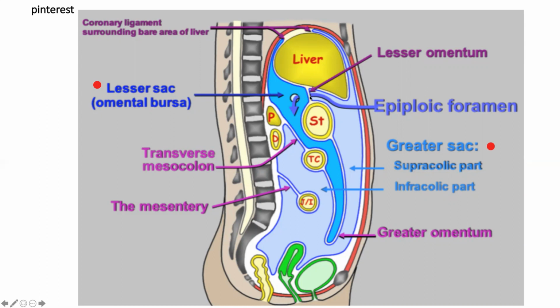That is what we call the ventral mesentery. And this is what we call the transverse mesocolon and the mesentery itself.